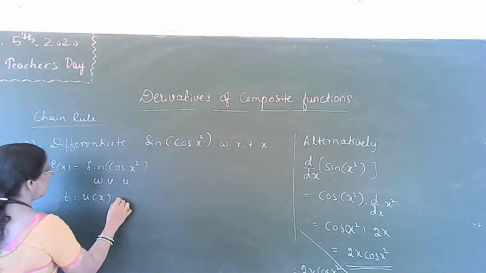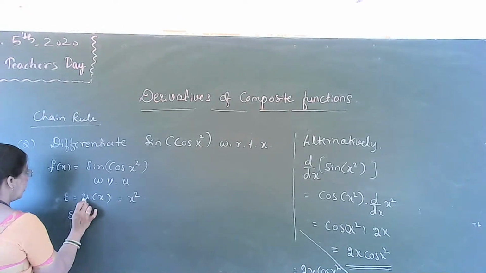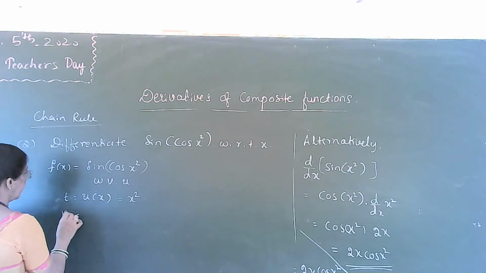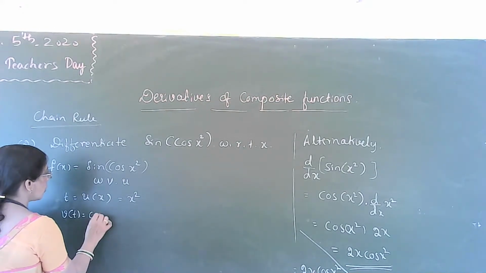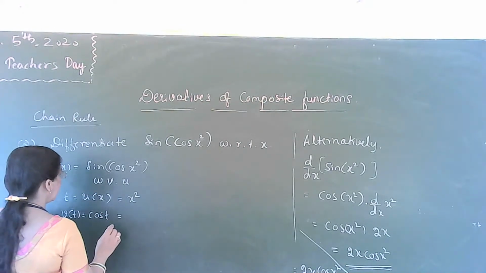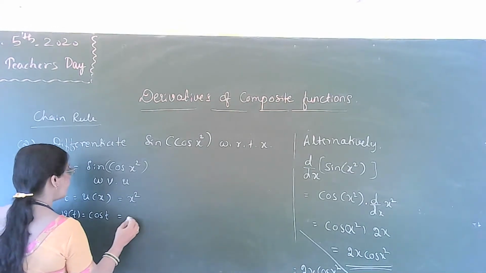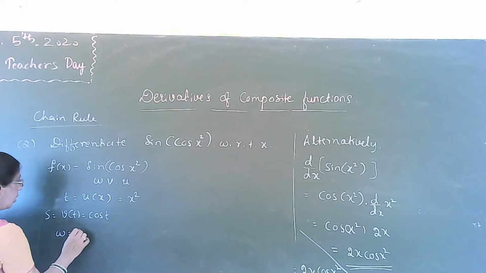U of x is equal to t, which is equal to x square, and v of t is equal to cos of t, which is v of t is equal to s is equal to cos t. Then we find the derivative of function w is equal to sin of s.